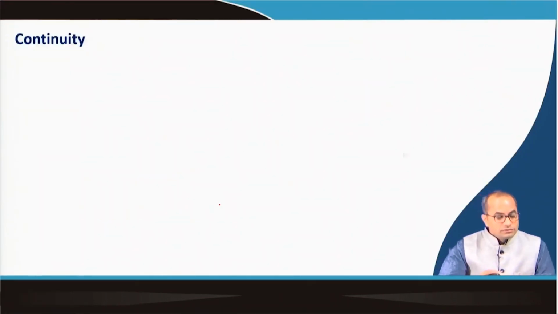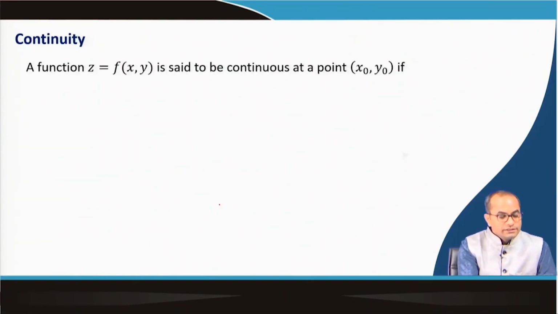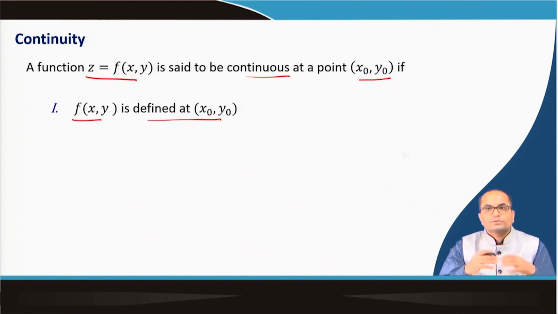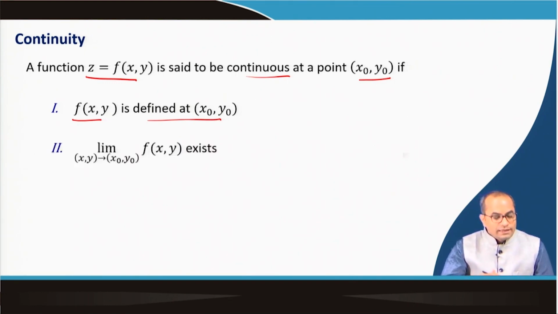And coming to the definition of the continuity, a function z is equal to f x y is said to be continuous at a point x naught y naught if this f x y is defined. So, of course, the function has to be defined, then only we can talk about the continuity of the function, and then this limit as x y goes to x naught y naught f x y, it should exist.